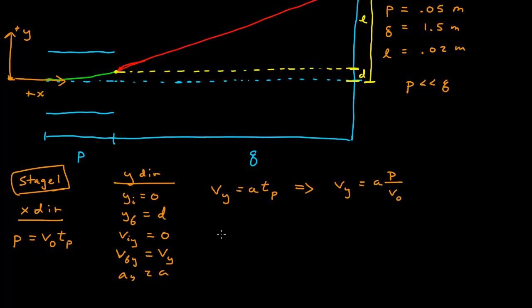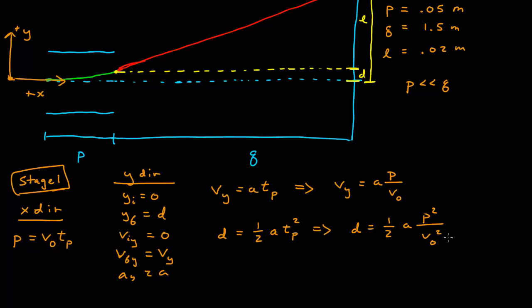But now we have that the final y position, which is d, is equal to 1/2 the acceleration times the time within the plates squared. So if I substitute the time within the plates, that gives me a deflection d equal to 1/2 times the acceleration times the length squared over the initial velocity squared.